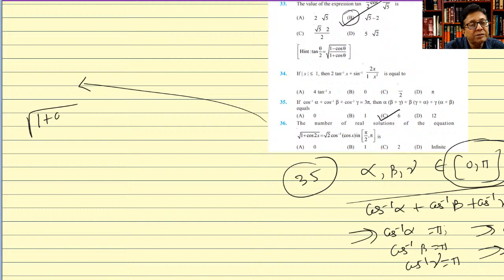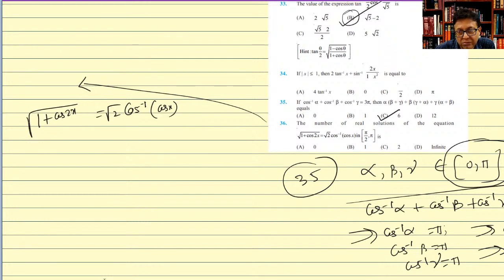1 plus root 2 cos inverse cos 6. The number of real solutions of the equation is what? It means how many x's will be there in the interval minus pi by 2 to pi by 2.